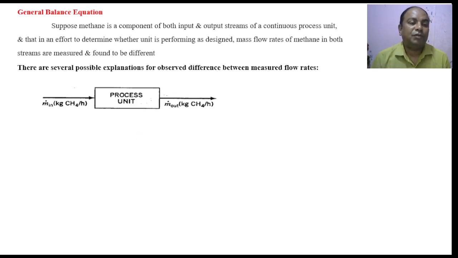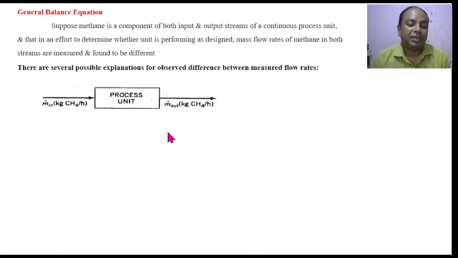So first of all, what we are trying to learn is the general balance equation, and here we are assuming two possibilities: a chemical reaction may be taking place or a chemical reaction may not be taking place. Whenever there is no chemical reaction, the general balance equation would be different from when there is a chemical reaction.